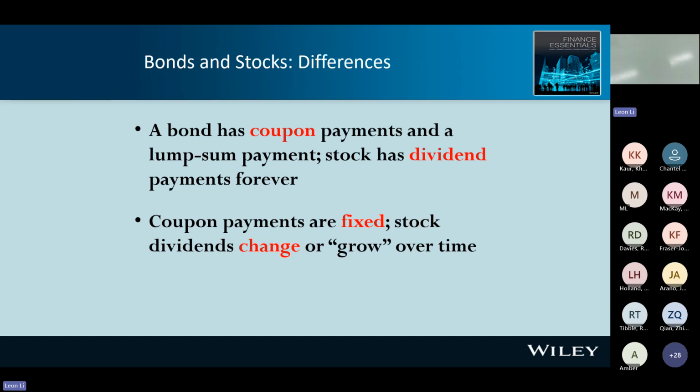Differences: a bond has a coupon payment and a lump sum payment, and stock has dividend payment forever. This is the first difference. Second difference: coupon payments are fixed, while stock dividends change or grow over time. This is the second difference.